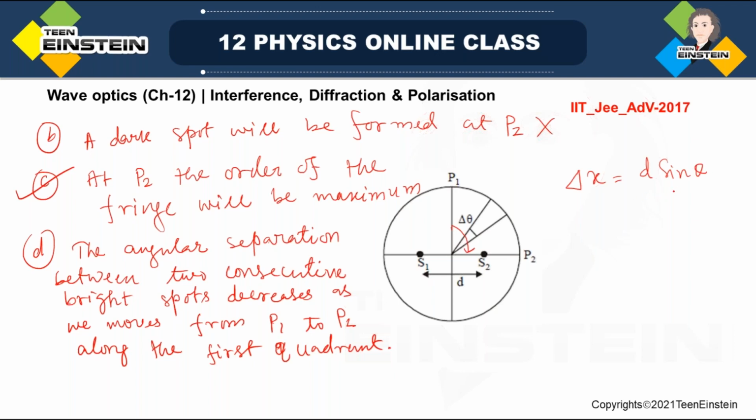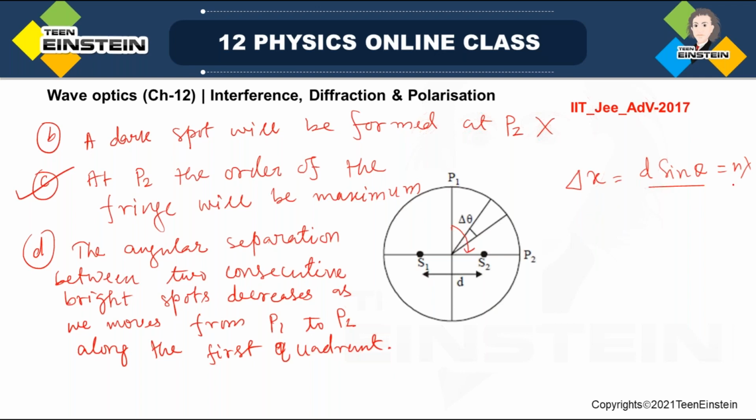Okay, d sine theta is equal to n lambda for the bright fringe to occur.